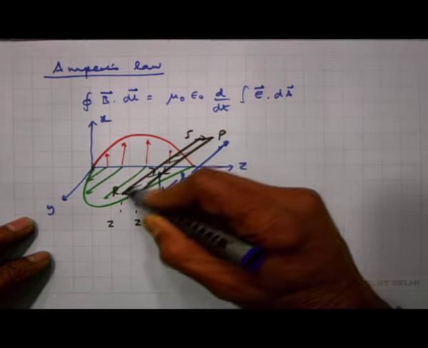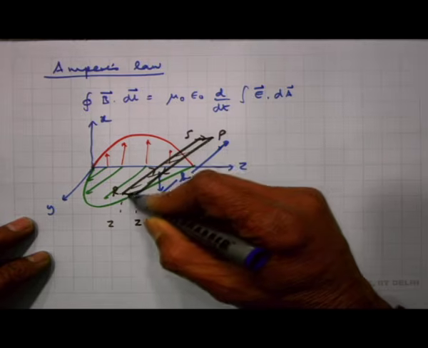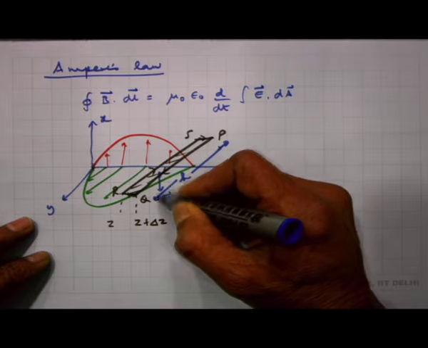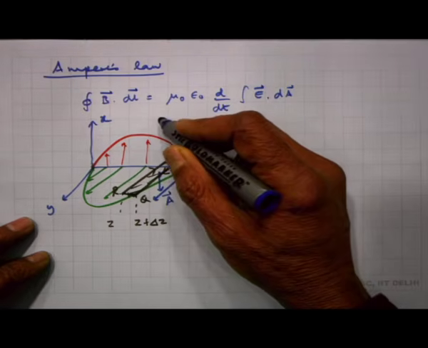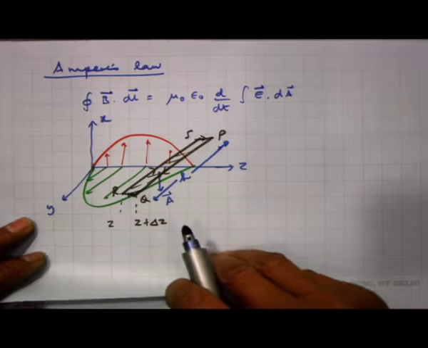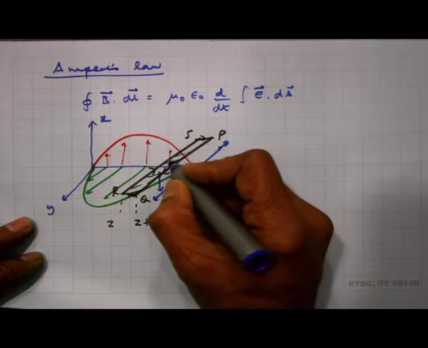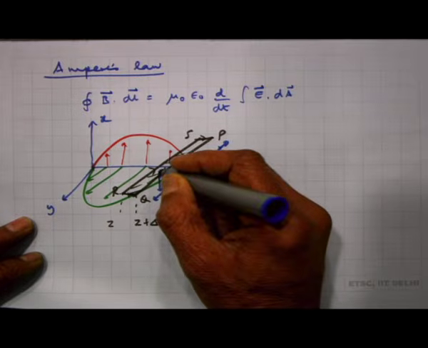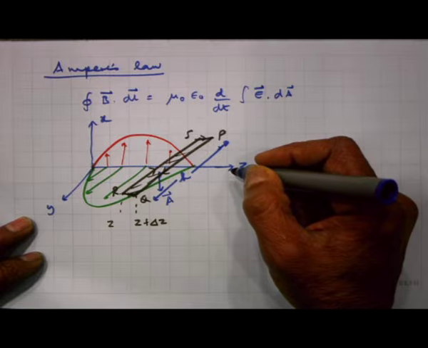Using the right hand rule, the path of integration is in this direction, and because of the right hand rule, area is pointing downward, electric field is pointing upward, and so the electric flux is negative. Please remember in this equation electric field is pointing upward, area is pointing downward, and so E dot dA will have a negative sign.